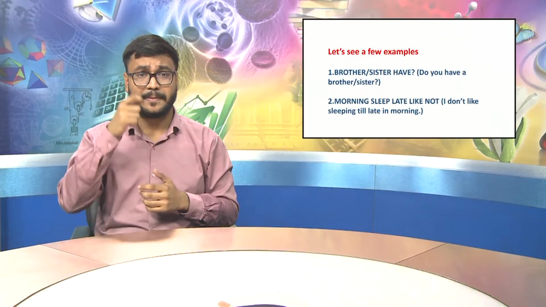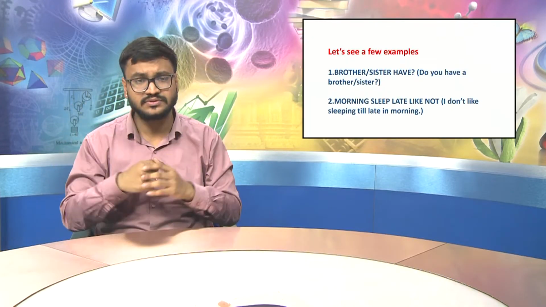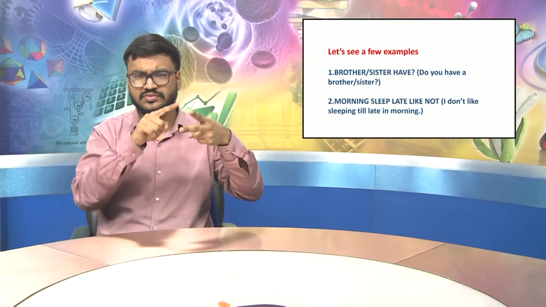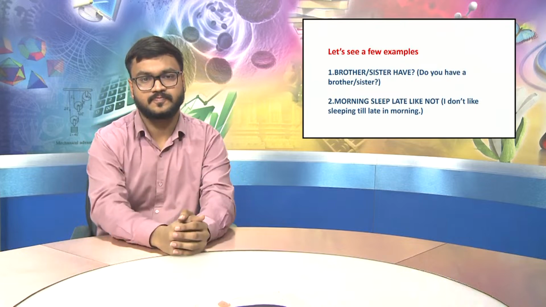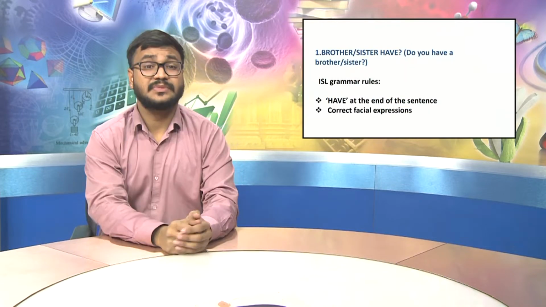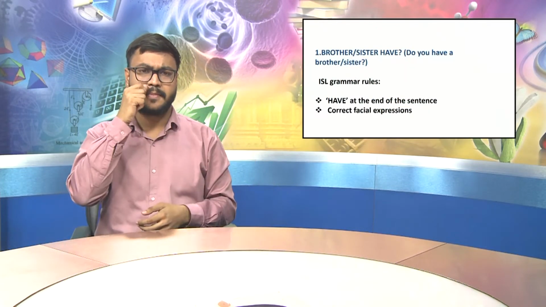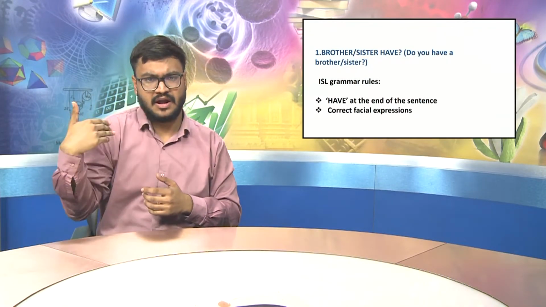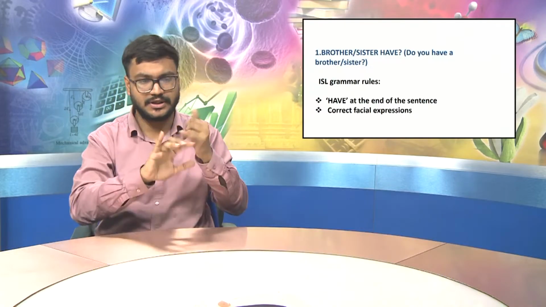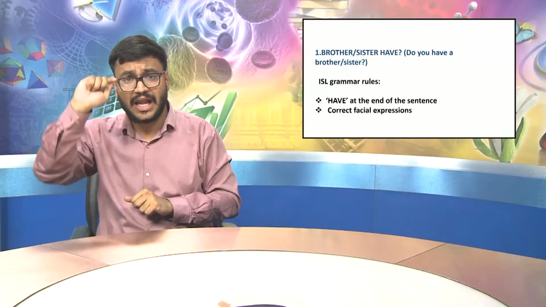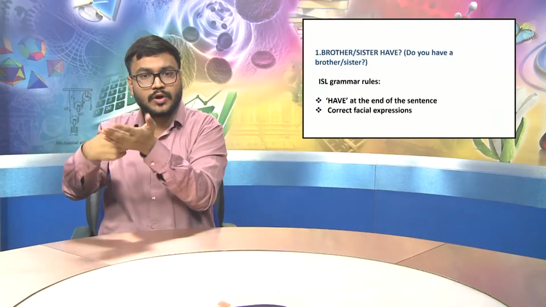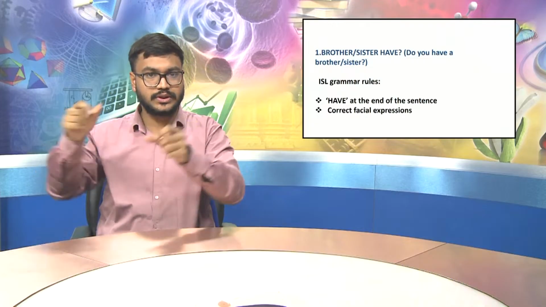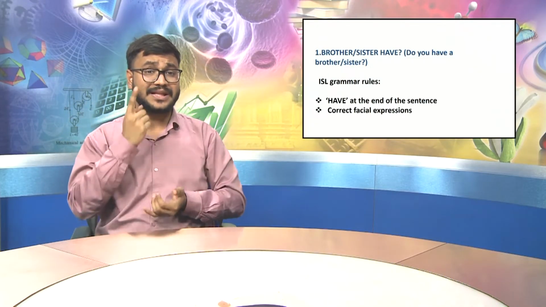First, do you have a brother or sister? I don't like sleeping till late in the morning. As we can see, the first example is, do you have a brother or sister? In this, ISL grammar rules are followed, where have is put at the end of the sentence and it has to be the correct facial expression.